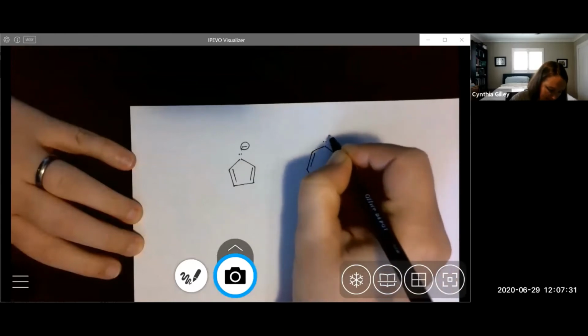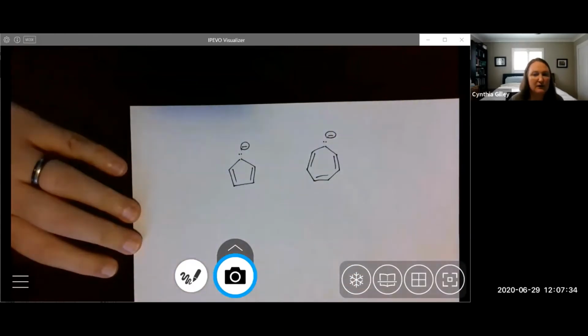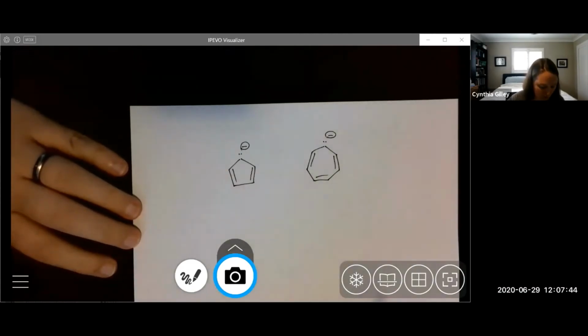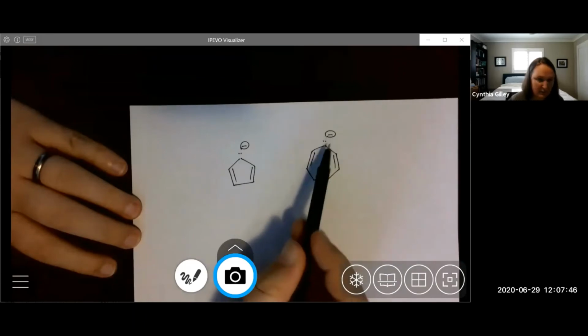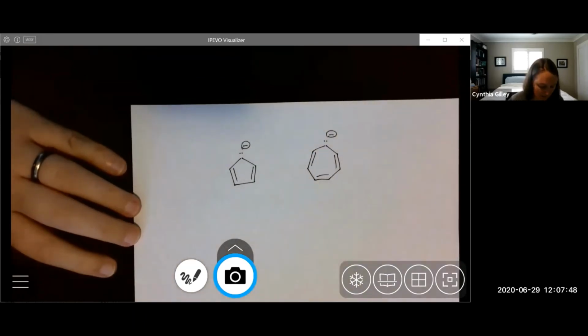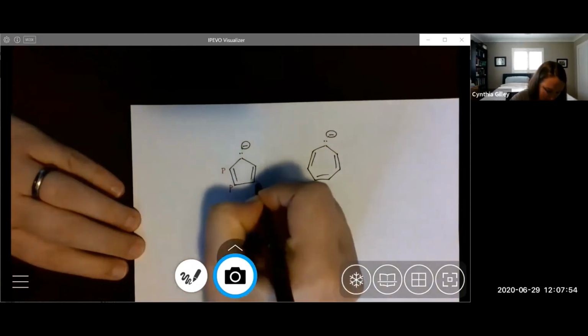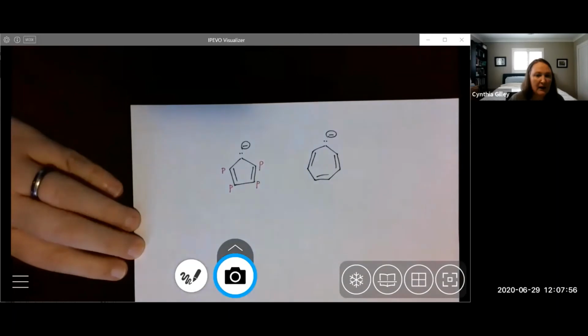But let's say, even without an oxygen, we're looking at these two. And let's say that there's some, we don't know, right? Where's this lone pair? What type of orbital is it going to be? So we do this analysis. We go, there are p orbitals here, here, here, here.